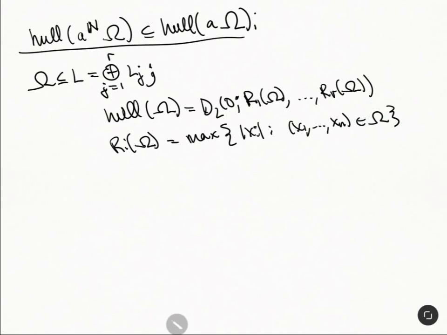So there's this formula here where you just take the maximum absolute value, maximum in each direction.